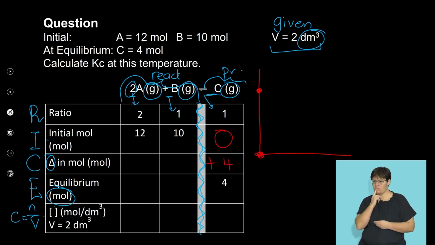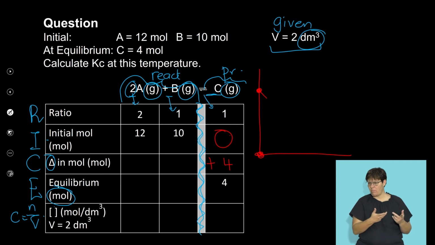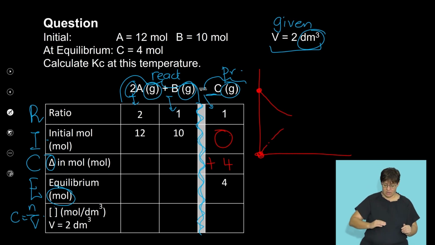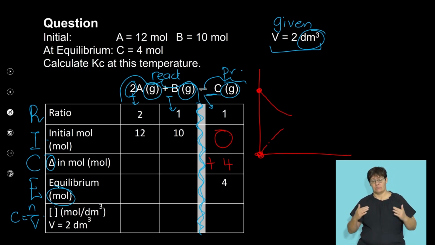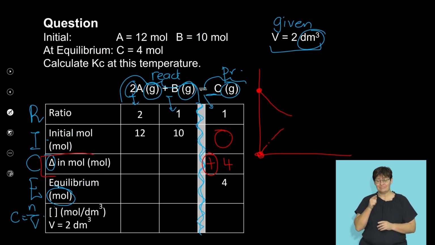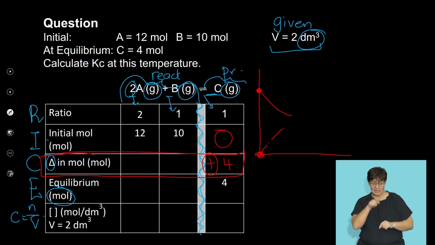Where does that adding come from? Remember, in our forward reaction, our reactants start to convert into product. And as they convert into product, we say plus. Then, this is a very important row because this row needs to be aligned with the ratio.